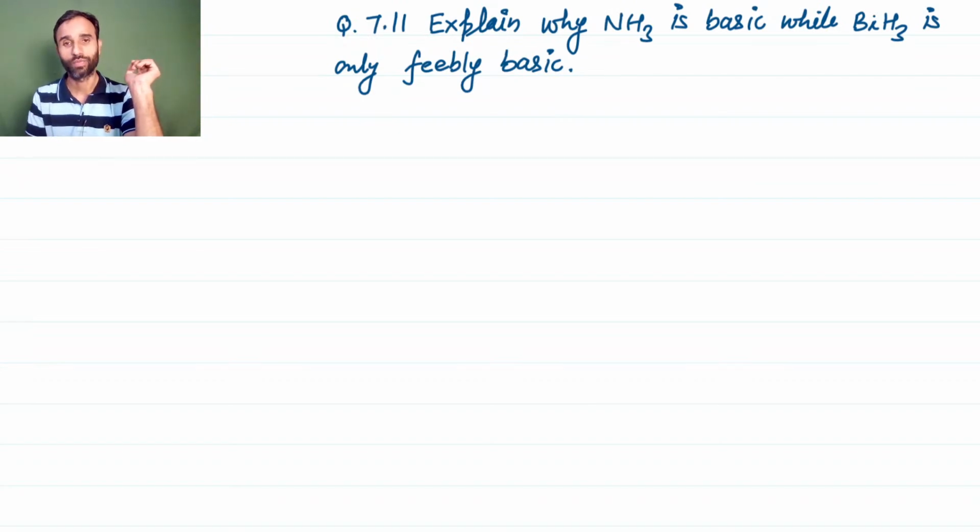Why is it so? Ammonia is basic because in ammonia nitrogen has one lone pair and three bond pairs.